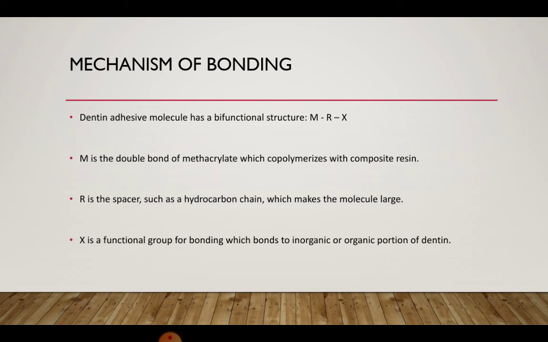Here you can see in this MRX chemistry that on one side there is a double bond of methacrylate which copolymerizes with the composite resin, and on one side there is a functional group X which bonds to the inorganic or the organic portion of the dentine, and therefore the dentine bonding agent or the primer that is used needs to have a bifunctional structure so that it can bond to the hydrophobic composite resin and hydrophilic dentine simultaneously.